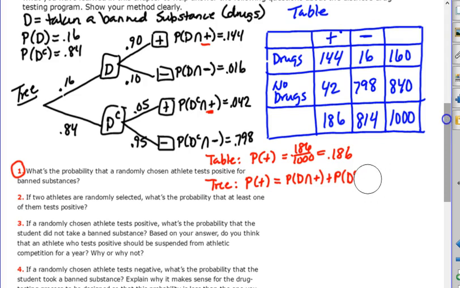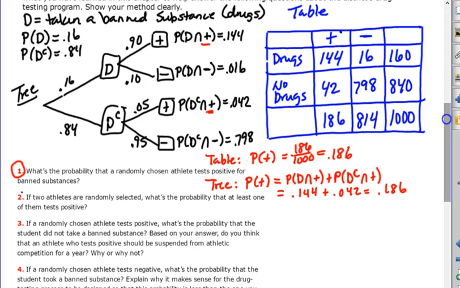I'm not doing very good with my symbols here. Not D, D complement, and positive, which would be 0.144 plus 0.042, which would be 0.186. So 2 different ways, both equally good, to find the answer to the first one.